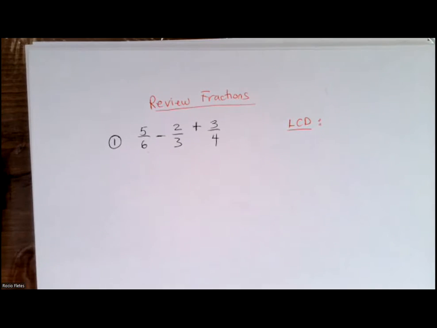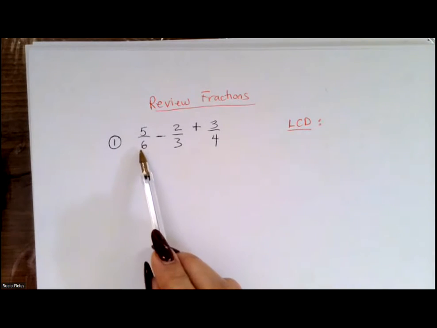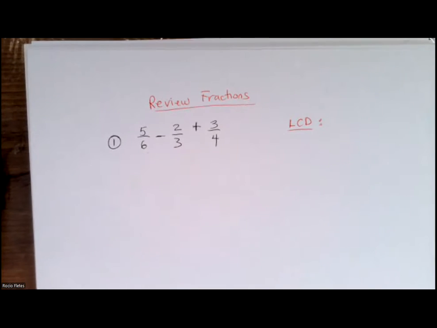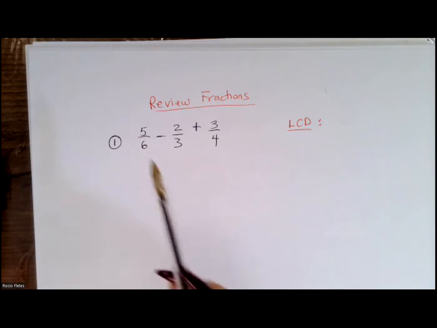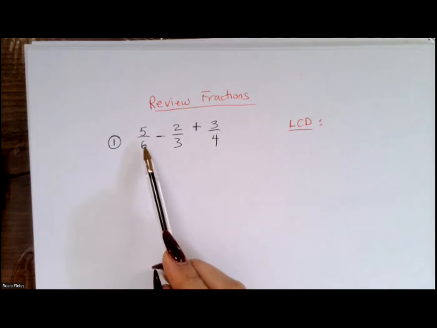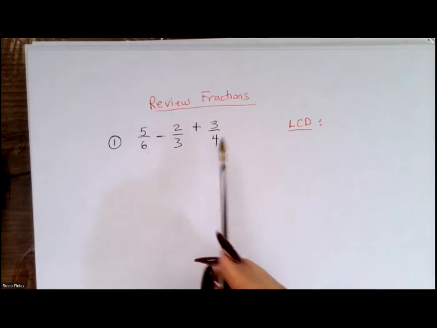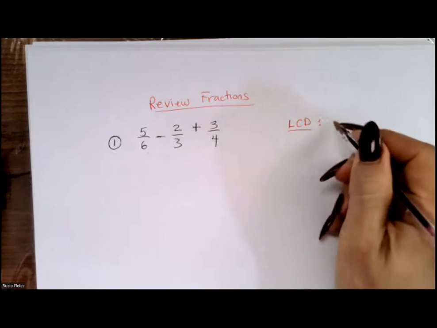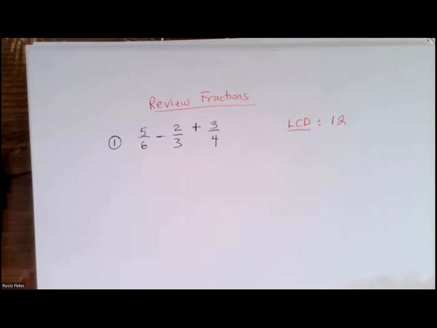You're looking for the number that all three numbers can go into with a remainder of 0. That's going to be 12, right? So 6, 3, and 4 all go into 12 with remainder 0. So the LCD is 12.